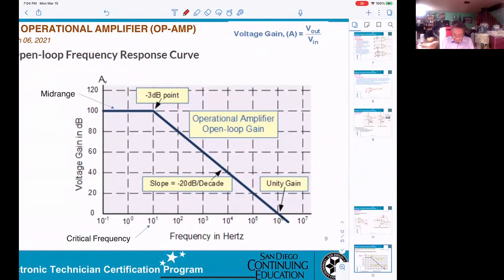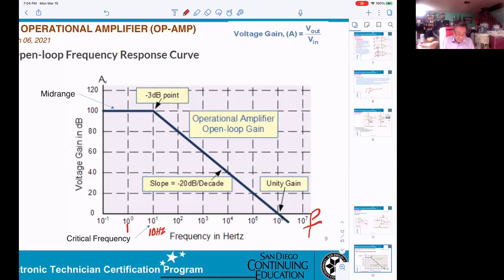This is the frequency domain. This is supposed to be F here. 10 power of 1, what frequency is it? This is a 1, right? 10 power of 1 will be 10 hertz. 10 power of 2 will be 100 hertz. 10 power of 3 will be 1,000 hertz, and so on.